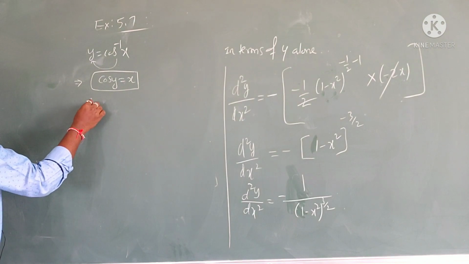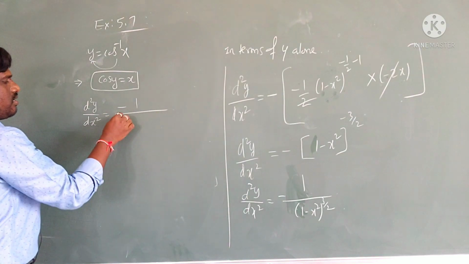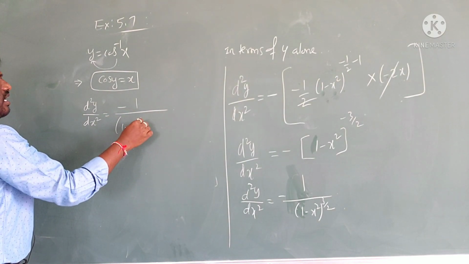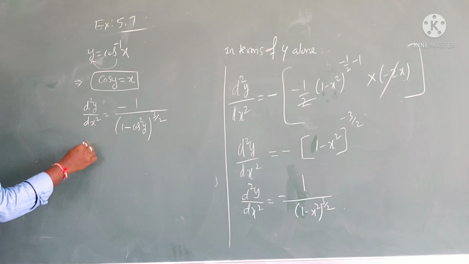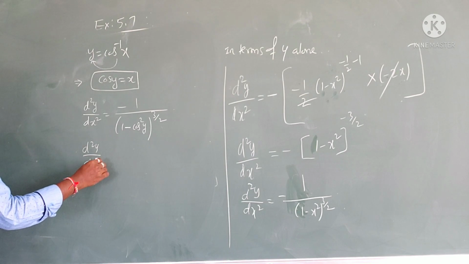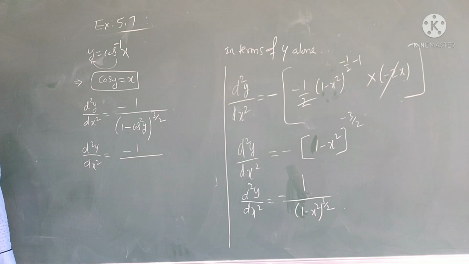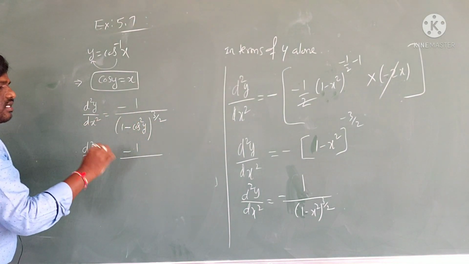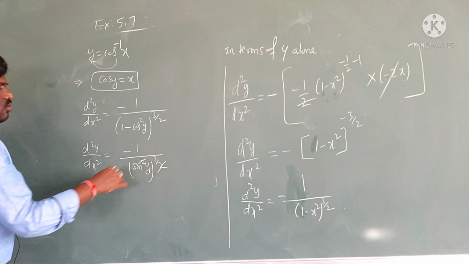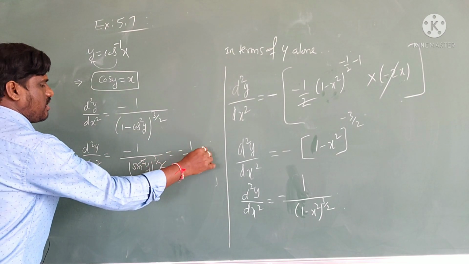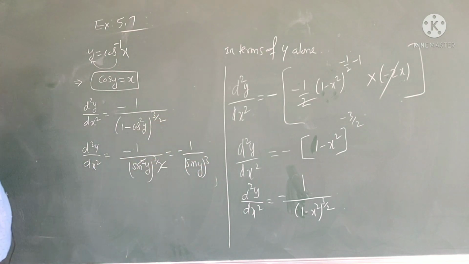So d2y by dx square is equal to minus 1 upon 1 minus cos square y whole power 3 by 2. 1 minus cos square y can be written as sin square y. So the square and square root cancel out, sin square y whole power 3 by 2, this 2 cancels out. What I get here: minus 1 upon sine y whole cube.